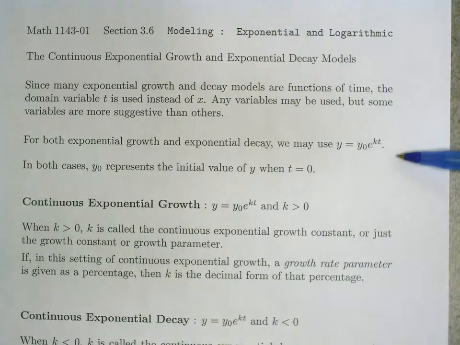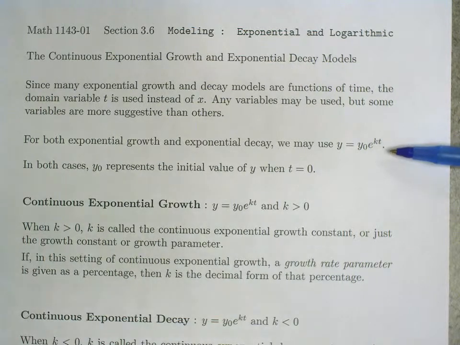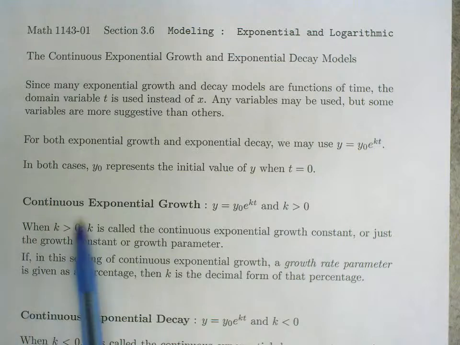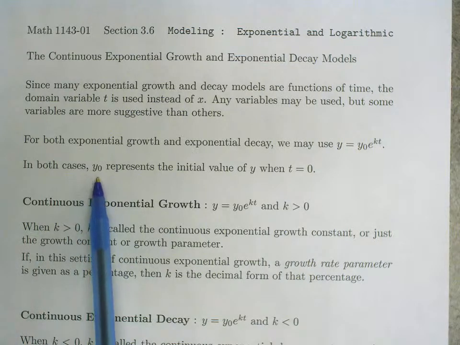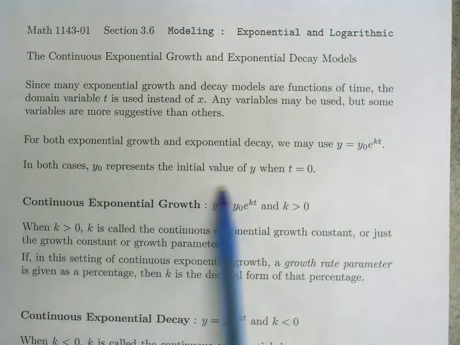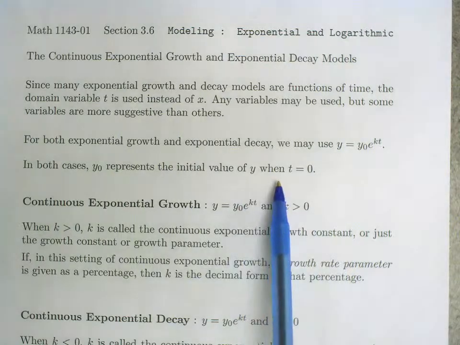So for both the exponential growth and exponential decay models, we may use this model: y equals y sub 0 times e to the k times t. Regardless of whether it's exponential growth or exponential decay, y sub 0 represents the initial value of the quantity y when t equals 0.